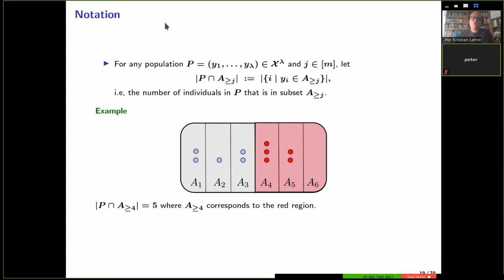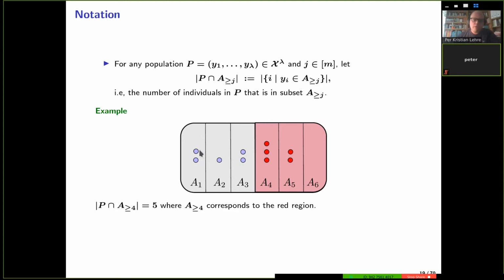Then I also introduce some notation. Let's say we have a population of lambda individuals. I can describe this as a vector of lambda elements in the search space. So let's say you have such a vector P, and then you have one level j, for example, 4. Then by abusing notation a little bit, I say that the cardinality of P intersection A at least j is basically the number of individuals in my population P that belong to level j or upwards.